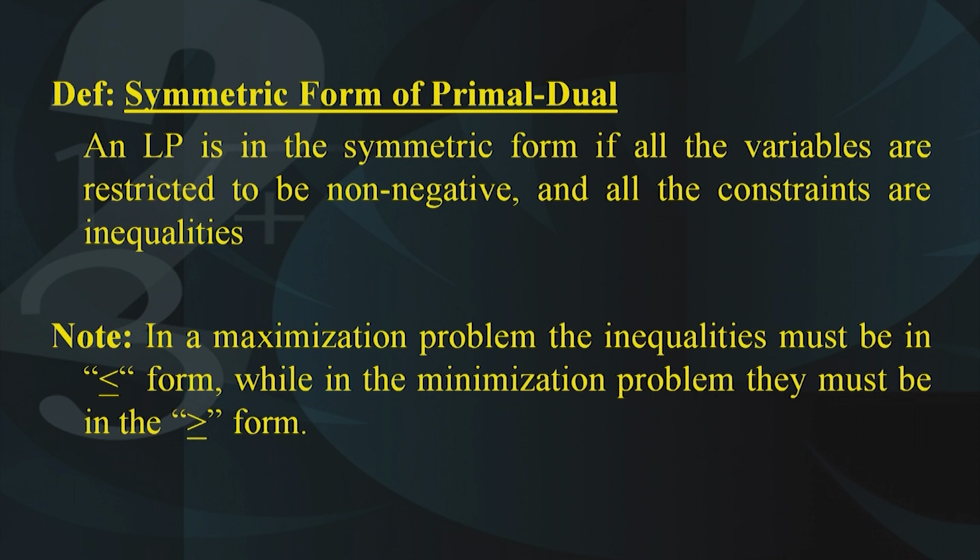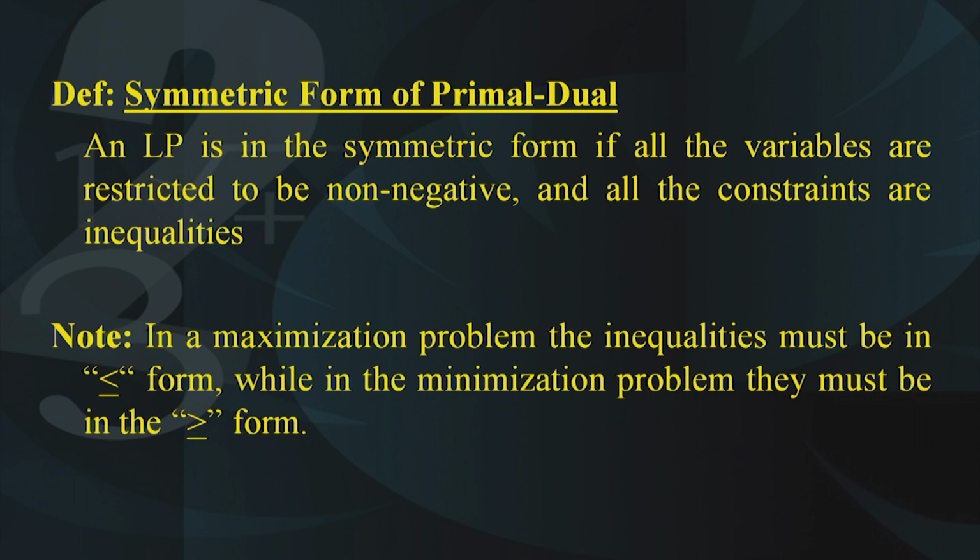Now, you will note that in the maximization problem, the inequalities must be of the less than or equal to type. If they are greater than, then they have to be converted to less than by multiplying with the negative sign.